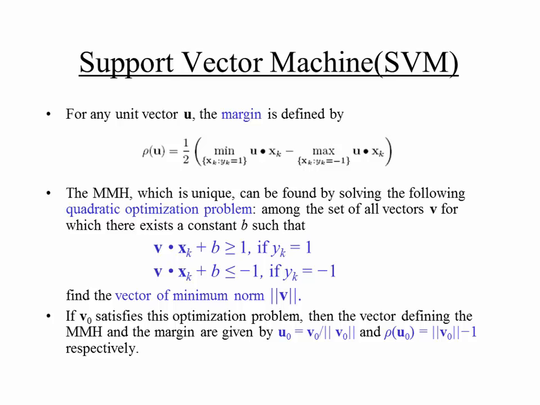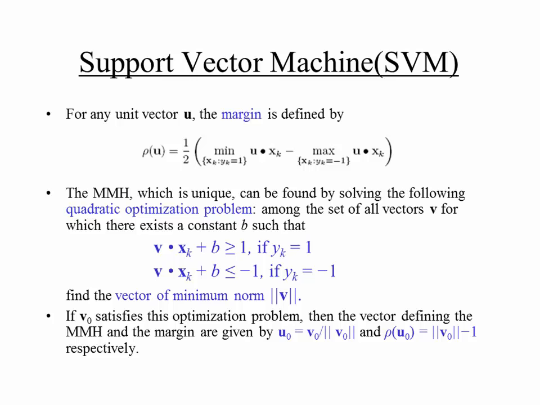I'm not going to worry about this, but intuitively you get what you're trying to do, right? Here this is being formalized as a mathematical optimization problem or a linear programming problem, where you're going to try to find this constant b, and then you will get the vector v of minimum norm.